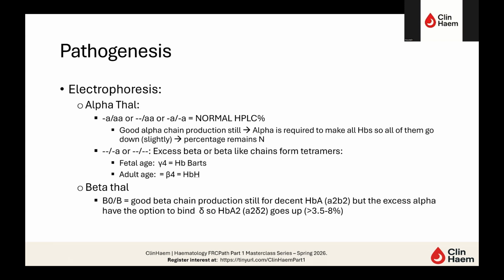So even if they have one normally functioning gene, they could make good beta chain amounts and a decent HbA, and that is alpha 2 beta 2.